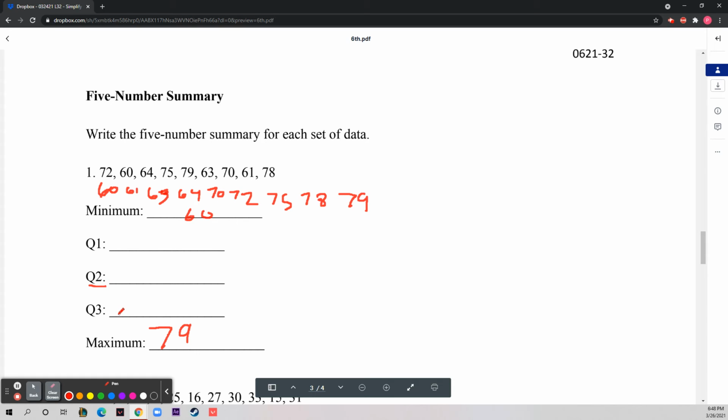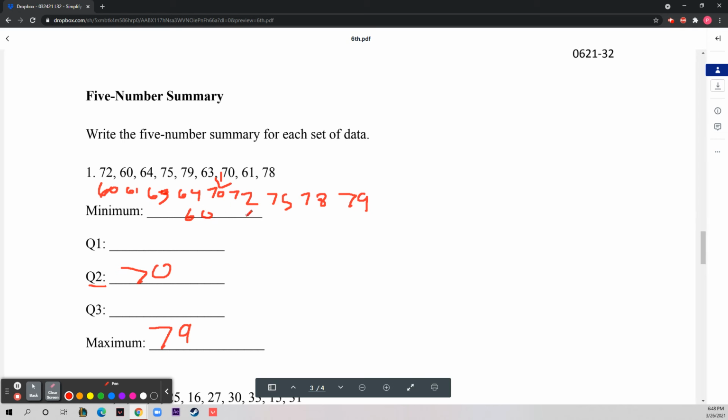When you're trying to find the quarters, the first thing you want to find is quarter two. Quarter two is the median, just another word for the median. And the median is the fifth number, which is right here, 70. So quarter two is 70. Now imagine these are two different sets. 60, 61, 63, 64, and 70 is a set.